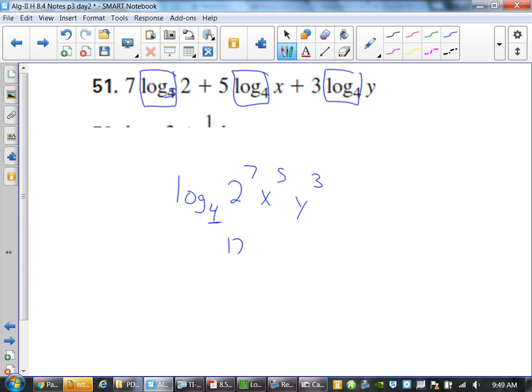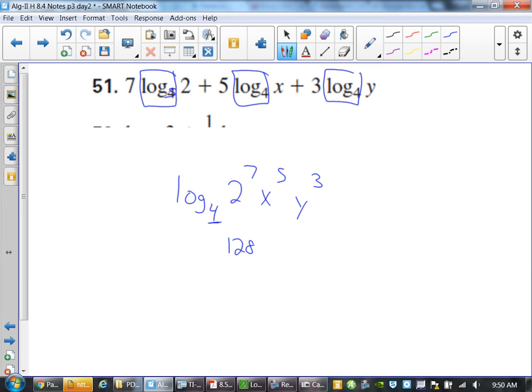So that'd be 128. Now, 128, let's see, 4 squared is 16, so the 3rd is 64, right? But then 128 would not be 4 to the 4th, because 4 to the 4th is 2 squared.